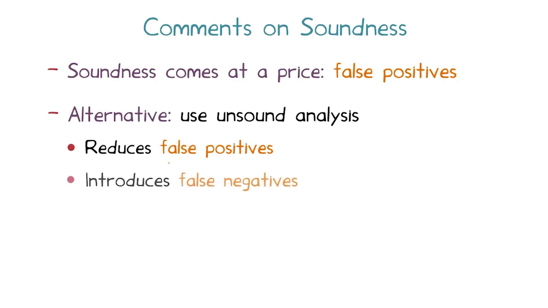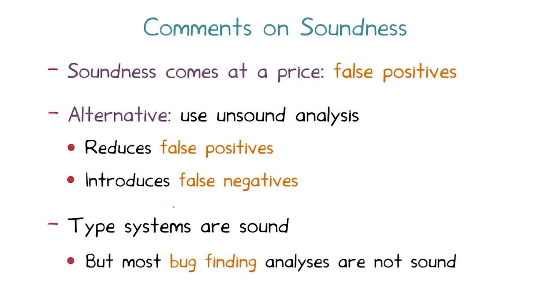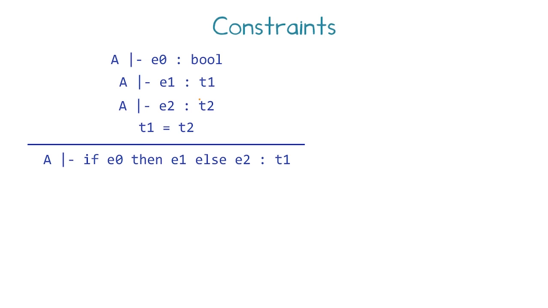However, unsound analyses have the possibility of failing to detect errors, that is, producing false negatives. Type systems are sound analyses. While they may generate false positives on occasion, they will never produce a false negative. But most kinds of analyses for detecting bugs, so-called bug-finding analyses, are not sound. You can learn more about these kinds of analyses for Java and C by following the links in the instructor notes. Let's look some more at the notion of side conditions.